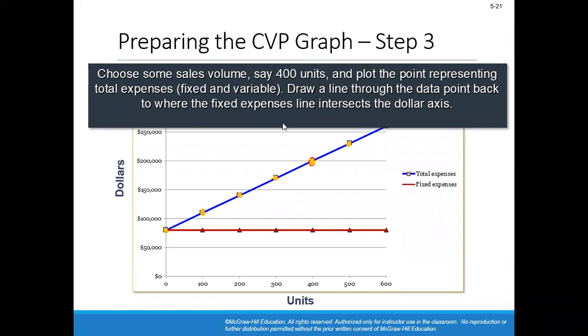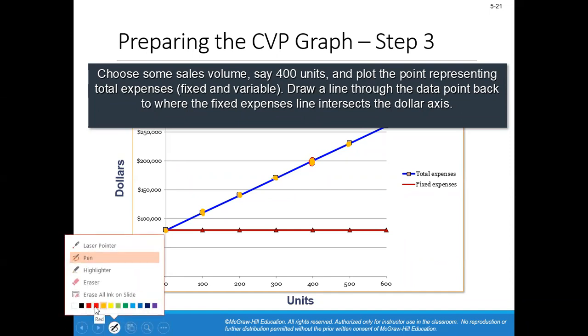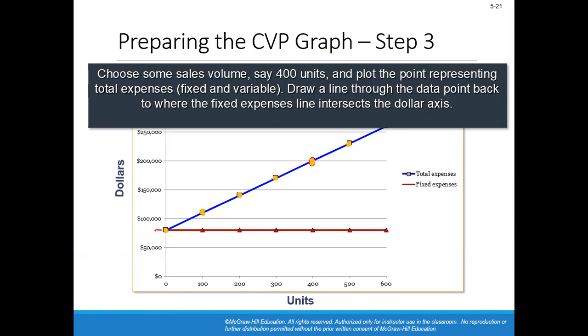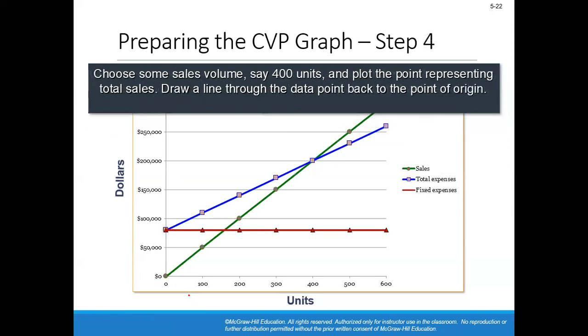It is 80,000. So you see that when we have no production, we are still incurring 80,000 expenses. You see, this is a positive expense, and this is $80,000.